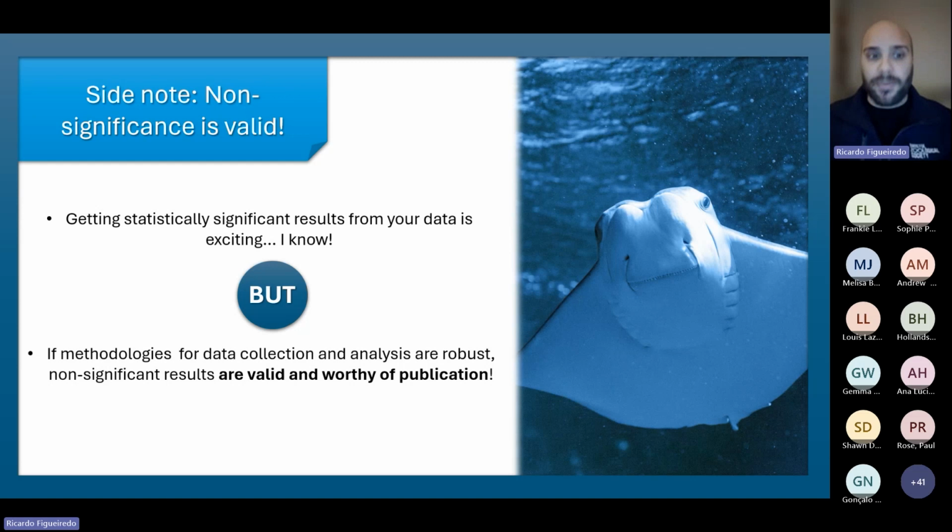We want to be publishing those non-significant results, if the science is robust, of course, it goes without saying. Because, for example, if you're testing an enrichment device, even in a case study on a couple of animals, and you find that it's not statistically significant, maybe what it means is that you have to improve the way the enrichment is implemented.